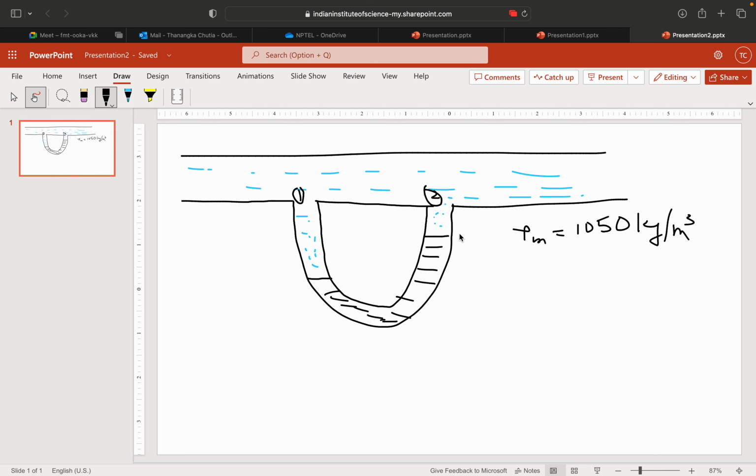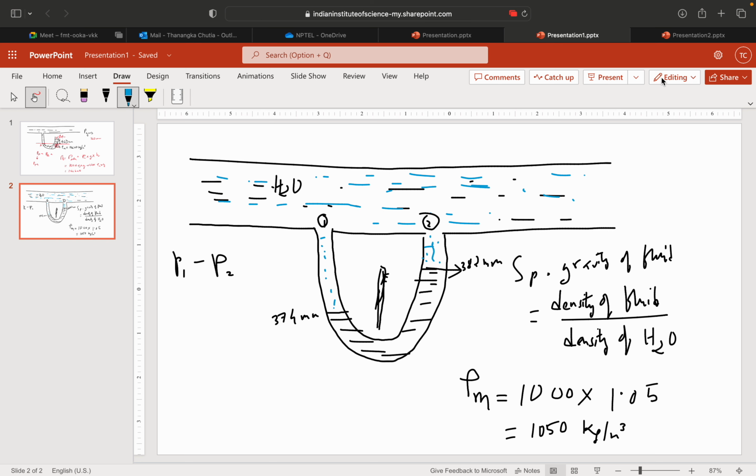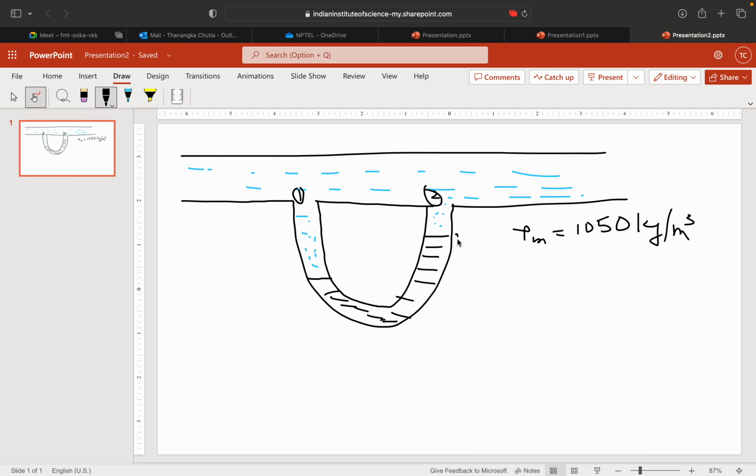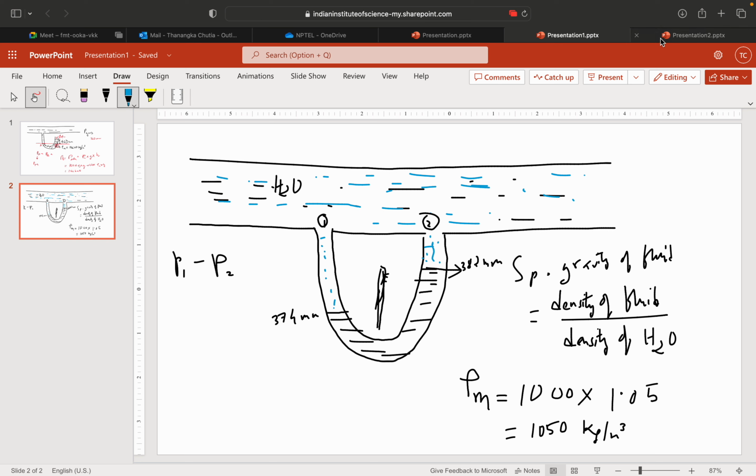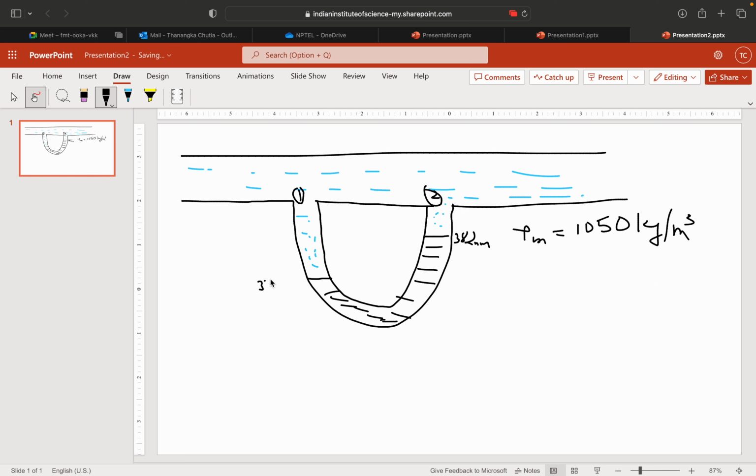At this side the height given is 382 mm, and here the height given is 374 mm. And here it is water, H2O.